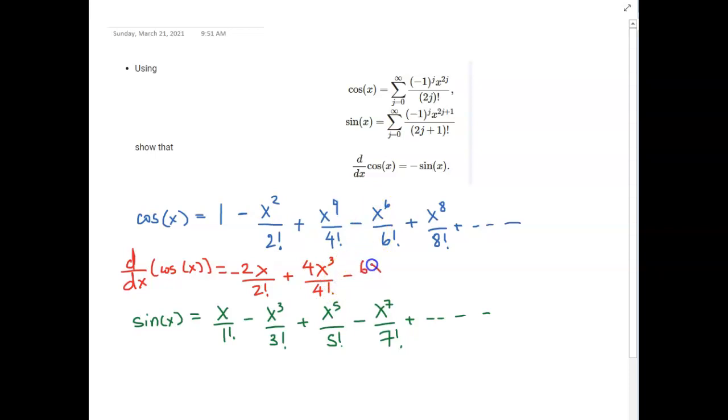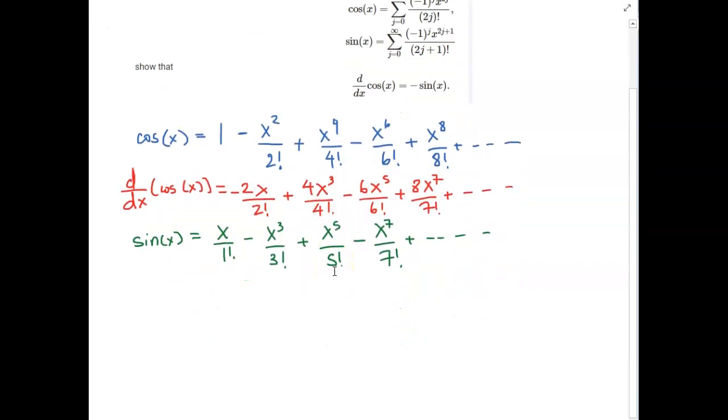Next is 6x to the 5 over 6 factorial, 8x to the 7 over 8 factorial, and so on. Right? So if you compare these, you can see that all the fractions will simplify.